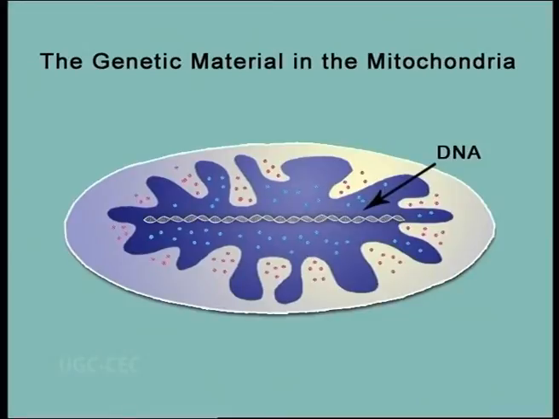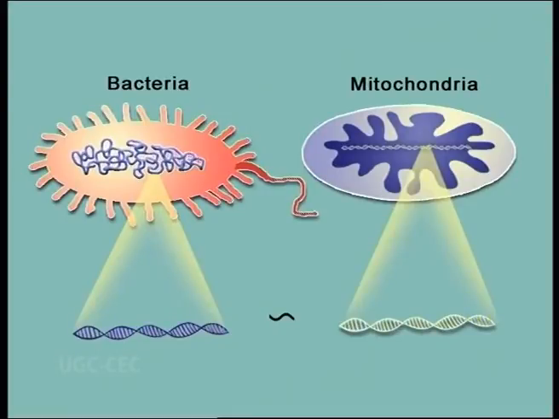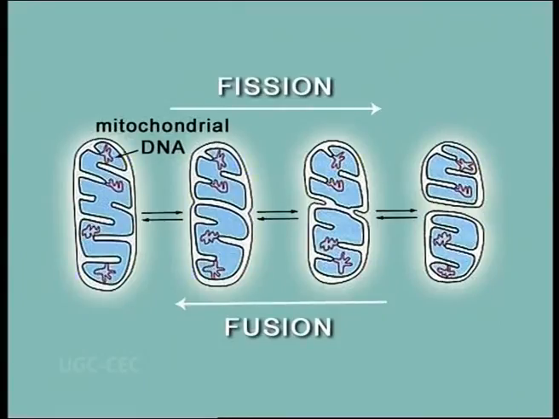Although most of a cell's DNA is contained in the cell nucleus, the mitochondrion has its own independent genome. Further, mitochondrial DNA shows substantial similarity to the bacterial genome. Apart from this, mitochondria divide like binary fission in a bacterium.